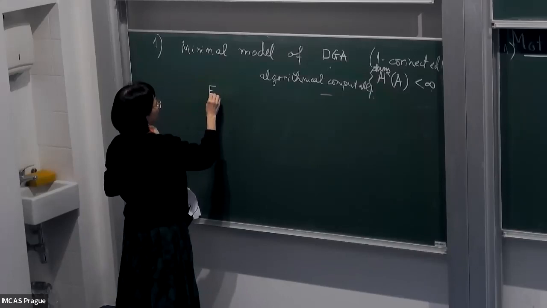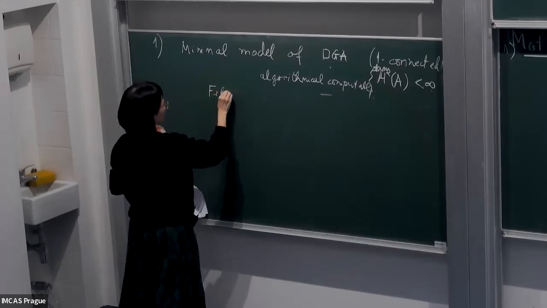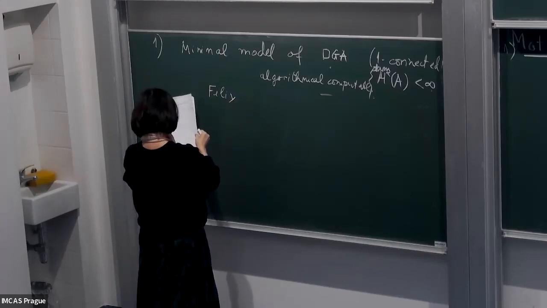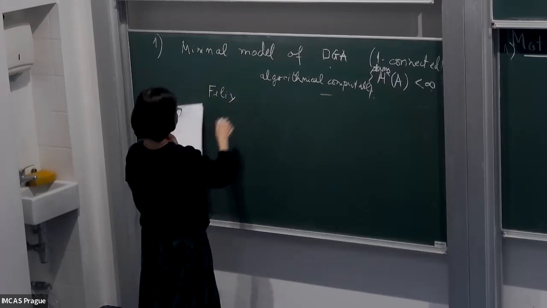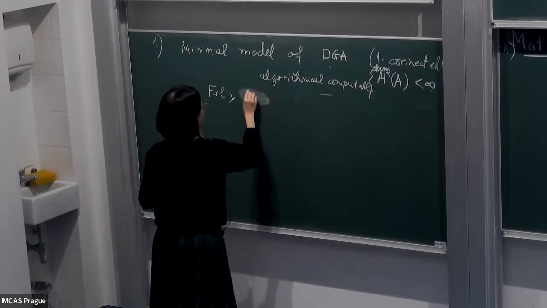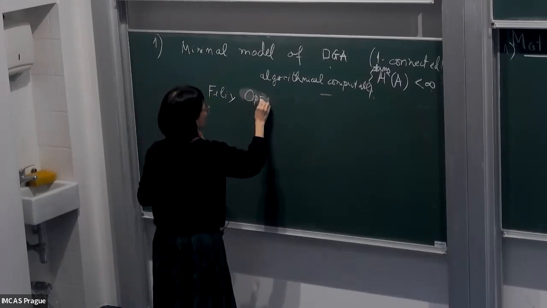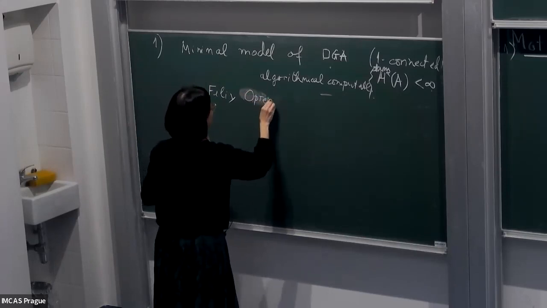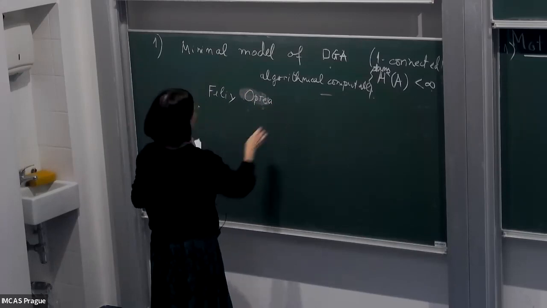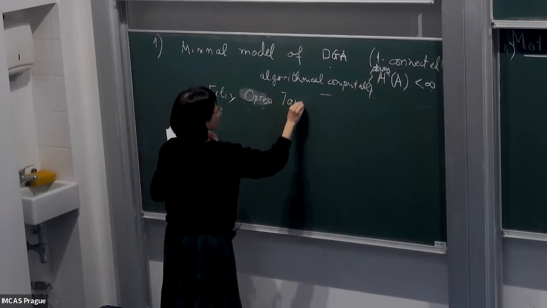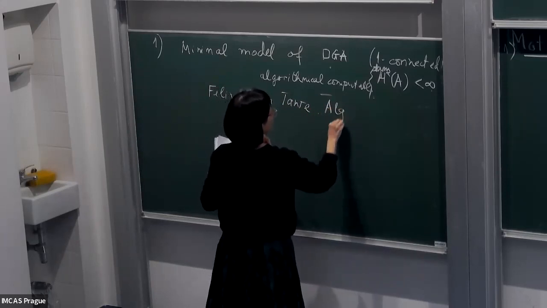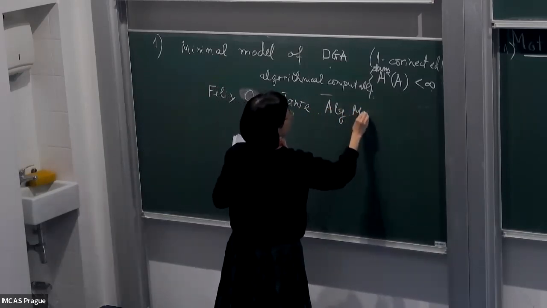That's the book by Félix, Halperin, and Thomas. There are many people working in the field, Félix, Oprea, and Tanré. So that's the second algebraic model in geometry. Very good.